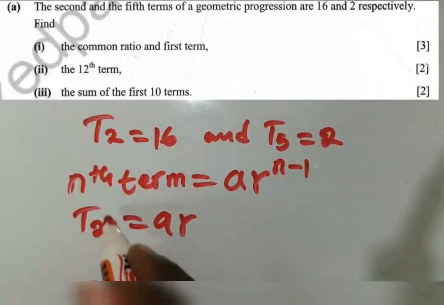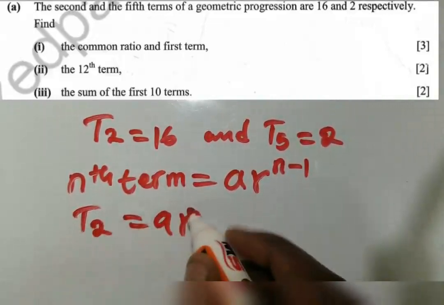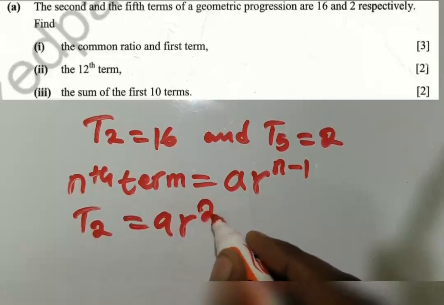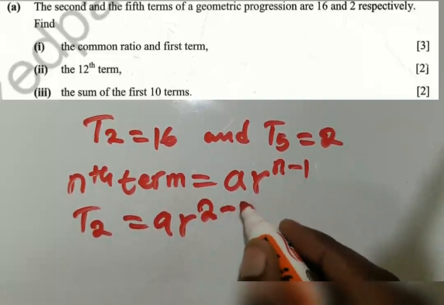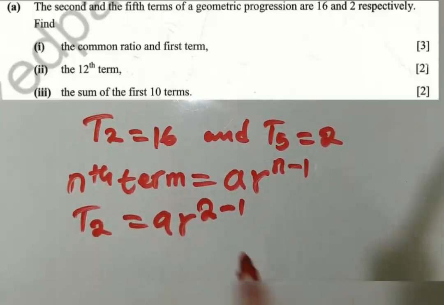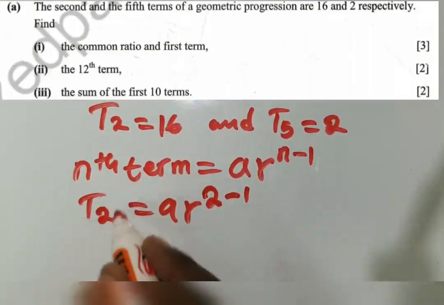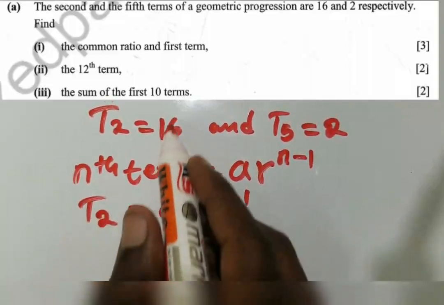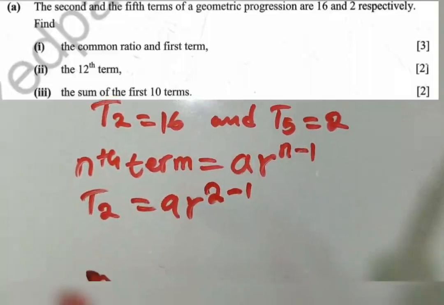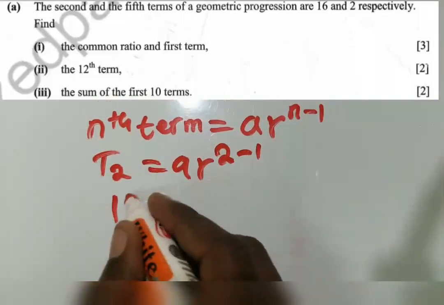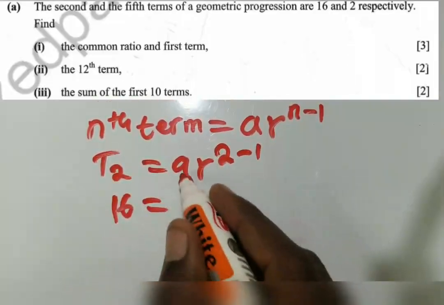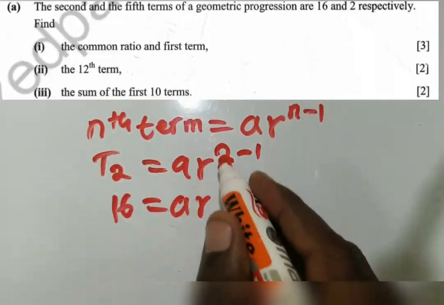So we are finding the second term, term 2, so the number of terms is 2, then there is minus 1. They have already found term 2 for us, so we substitute term 2 by 16. So 16 is equal to a r to the power 2 minus 1.